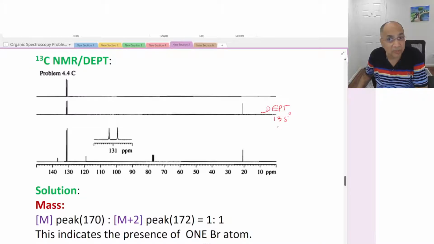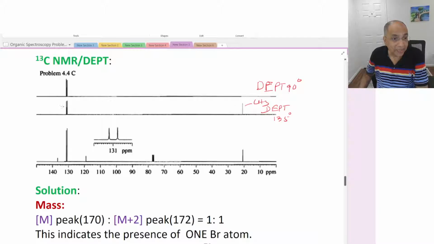In DEPT-135, you find one positive peak here, and the corresponding DEPT-90 is absent. So this is bound to be a methyl, because methine CH gives a peak in the DEPT-90. So this one is a methyl.